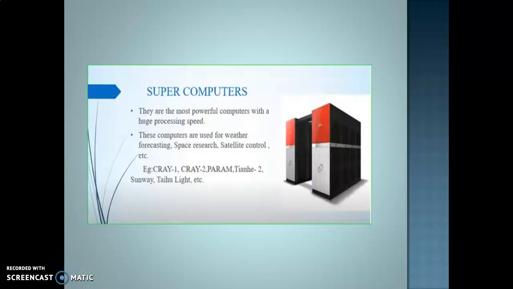Now, supercomputers. They are the most powerful computers with a huge processing speed.